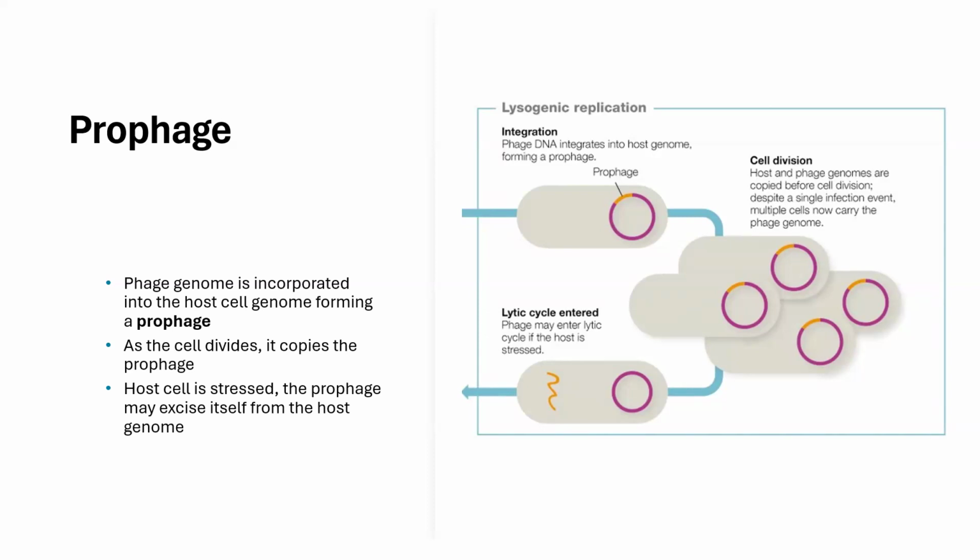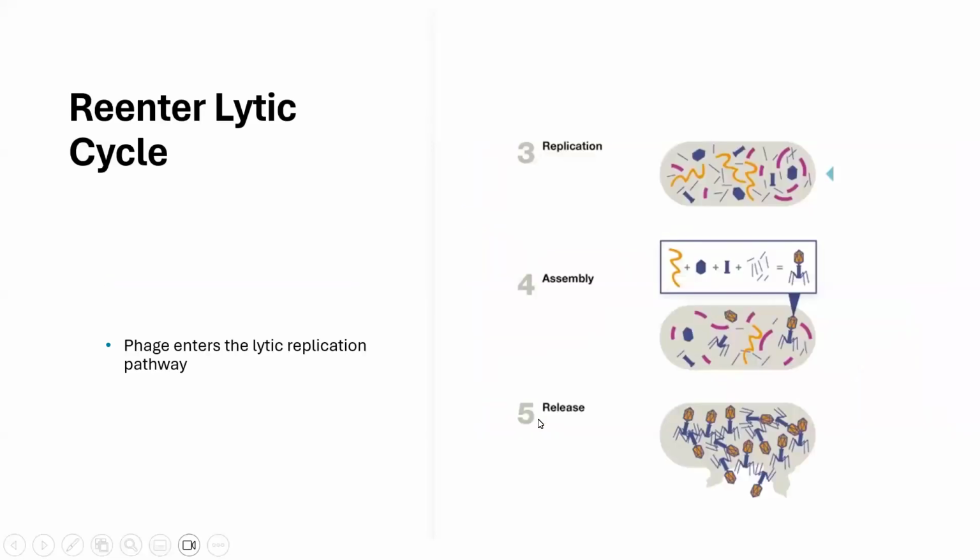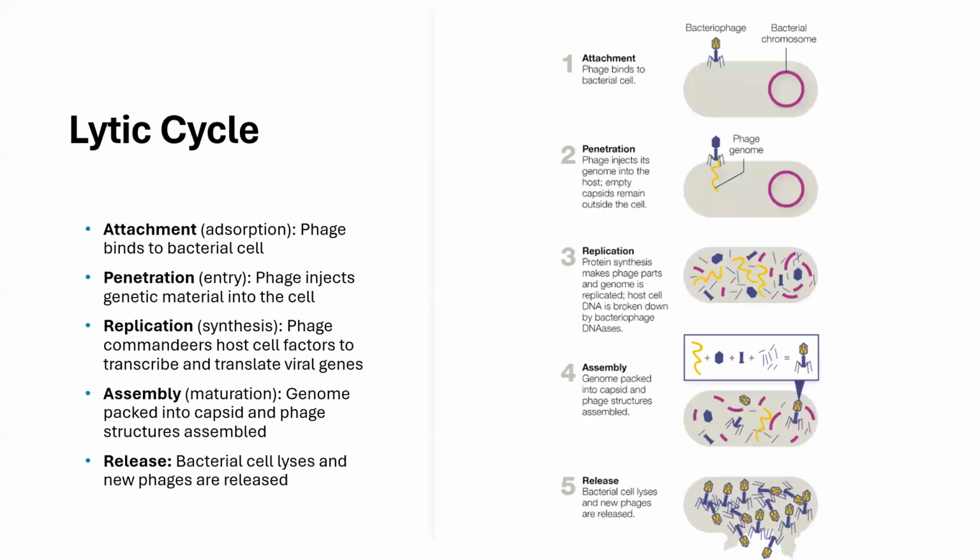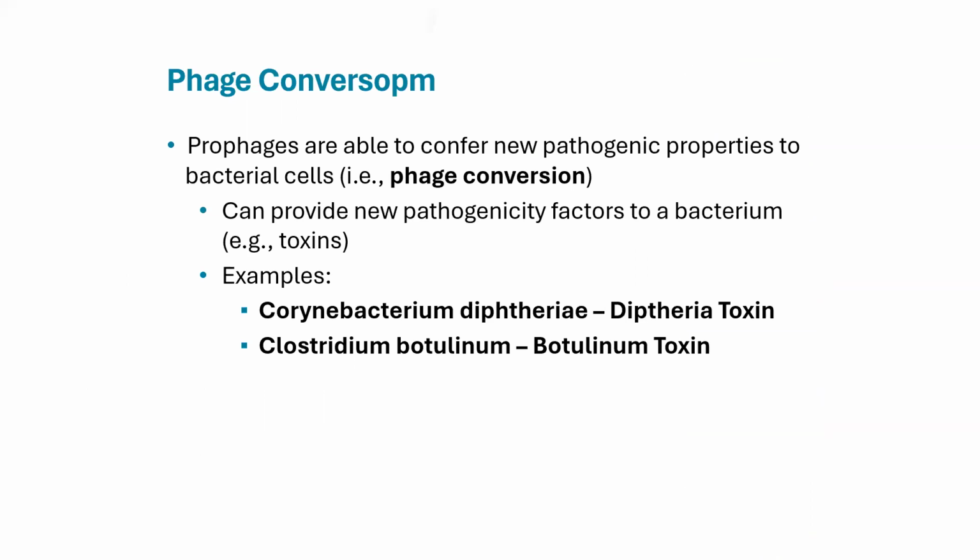Then at some point, again, you hit that stressor, which is going to result in the phage DNA being excised, and ultimately going back into that lytic cycle where you replicate the genome, assemble the virions, and then lyse the cells. And here, this is the lytic cycle phase again.